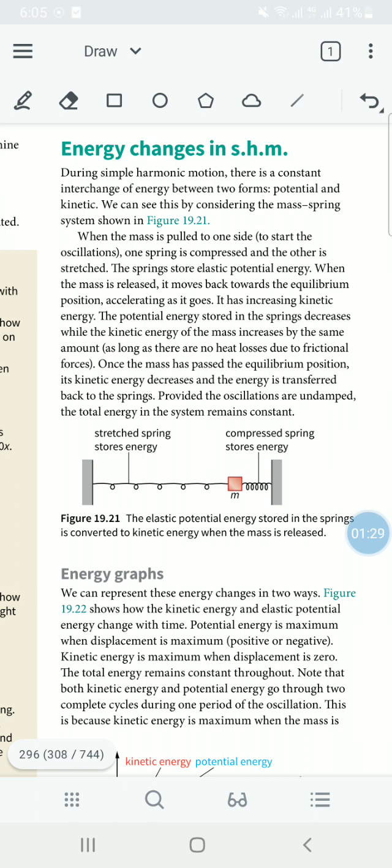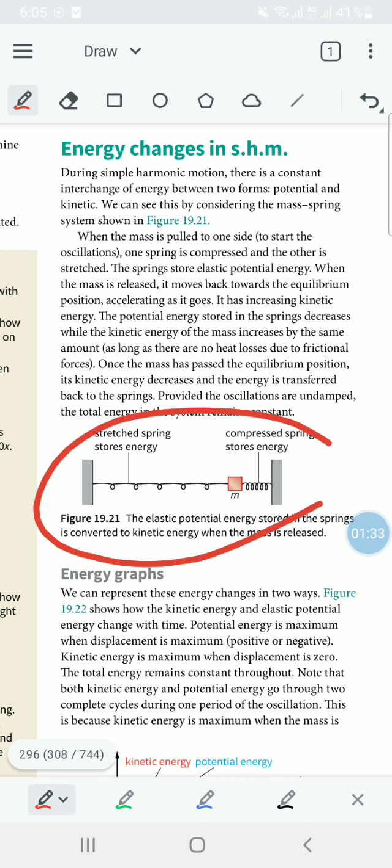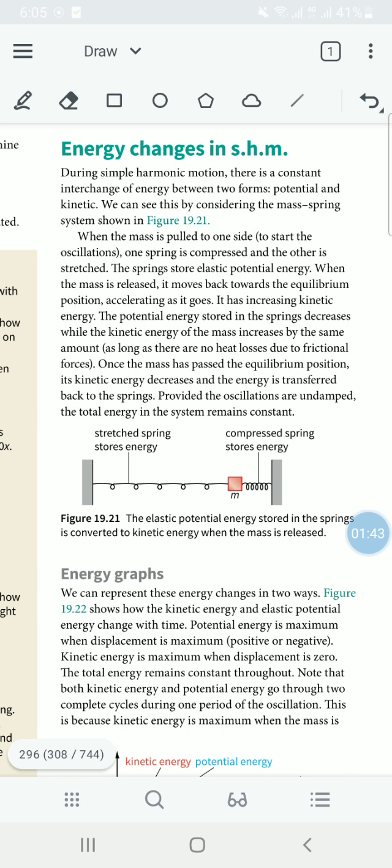Now if you look at this mass spring system, you will see that when the object is pulled to one side, there is potential energy stored. The stretching stores energy, and the compressed part also stores energy.